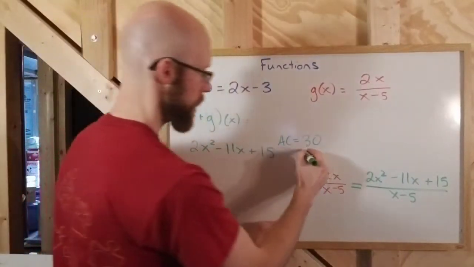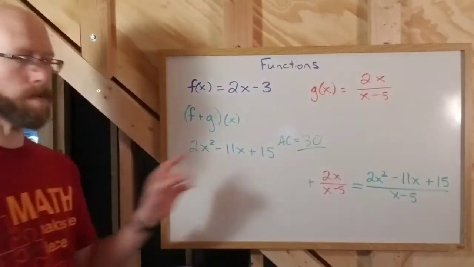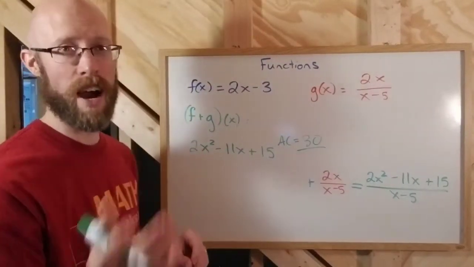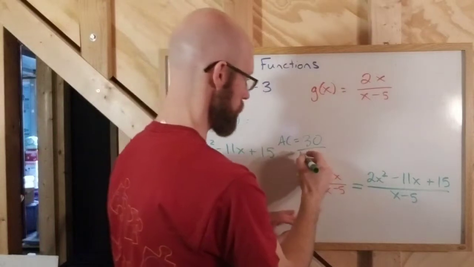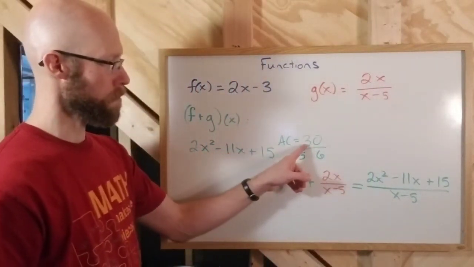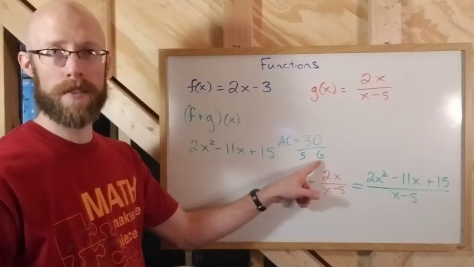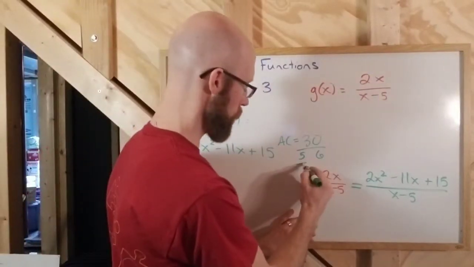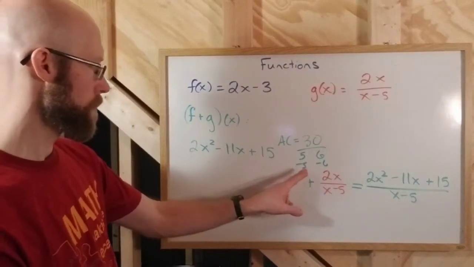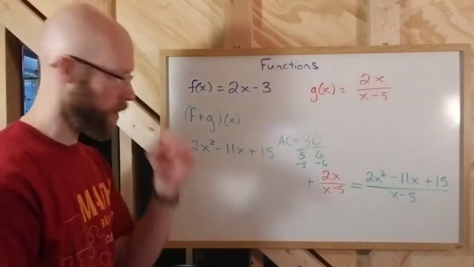And then to factor, we need factors of 30 to add up to negative 11. Oh, it's not going to work. I was thinking that would work with 6 and 5. Problem is, with the 6 and the 5, to get them to multiply to 30, they both either have to be positive or they both have to be negative. Oh, no, that will work. What am I thinking? Negative 5, negative 6 will work.